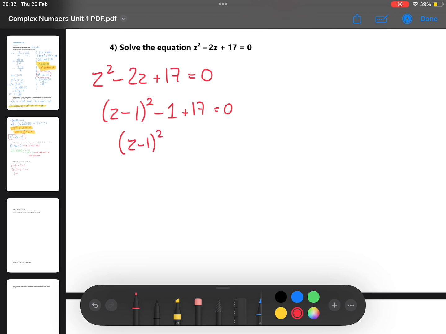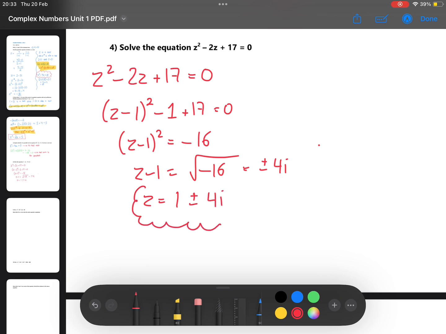So z minus 1 squared equals, so this is 16, so on this side we have minus 16. So z minus 1 is the square root of minus 16, which is plus or minus 4i. And so z is going to be 1 plus or minus 4i. Those are the two roots of the equation.